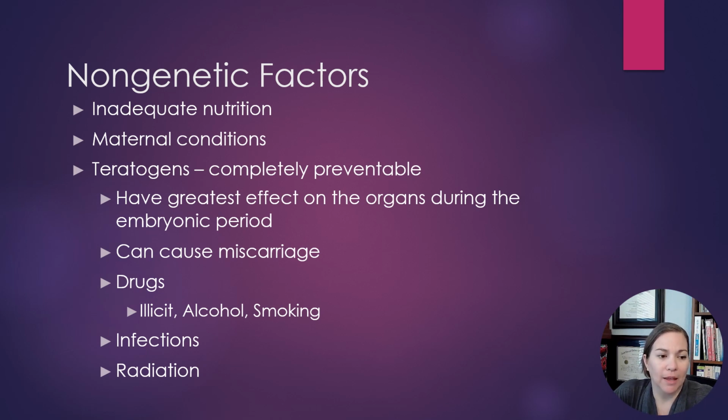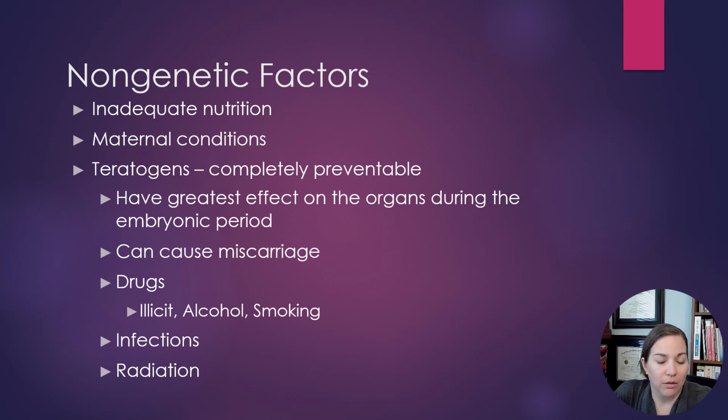Anyway, the embryonic period is when a fetus is the most severely affected by teratogens because, again, in those early stages, they affect large areas of the body and systems of the body. So they can cause miscarriage if the damage is severe enough.